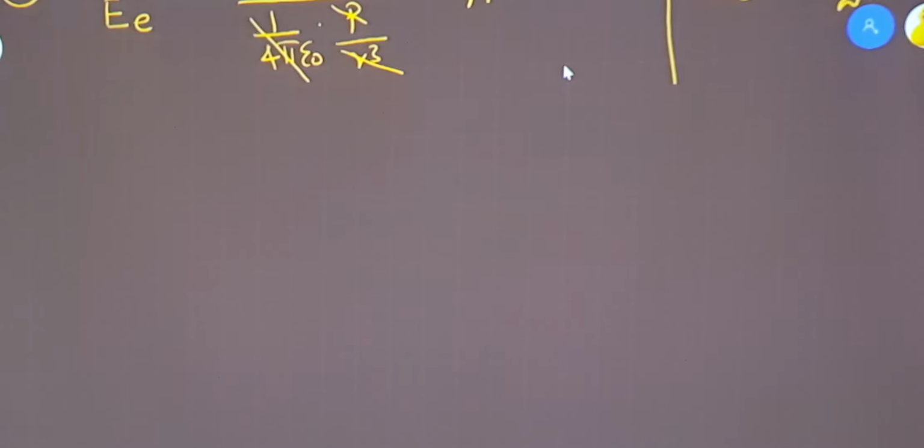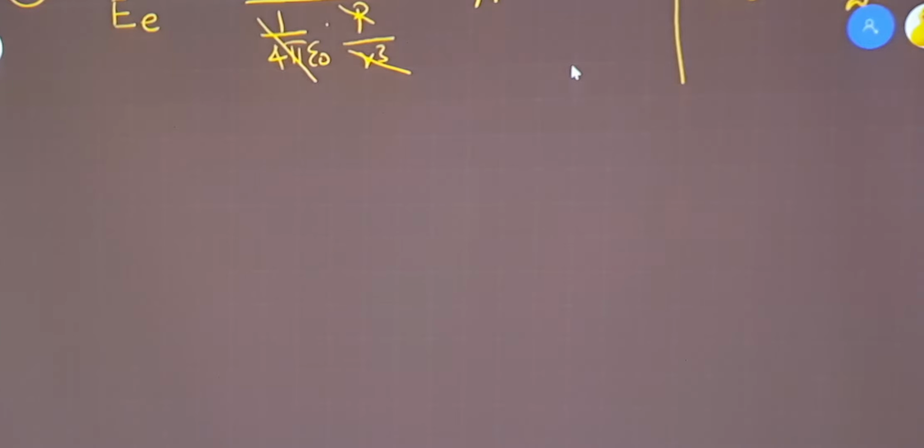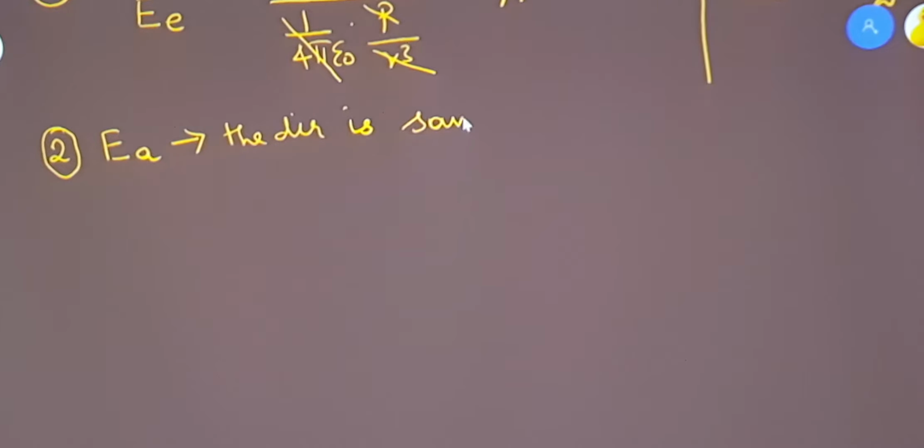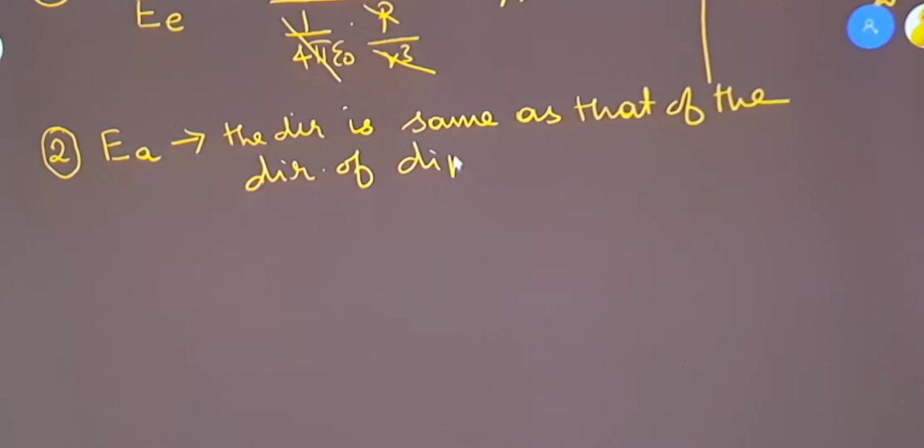What is the second inference? The second inference states the direction. When you are considering the electrical field at a point along the axial line, the direction is the same as the direction of dipole moment.